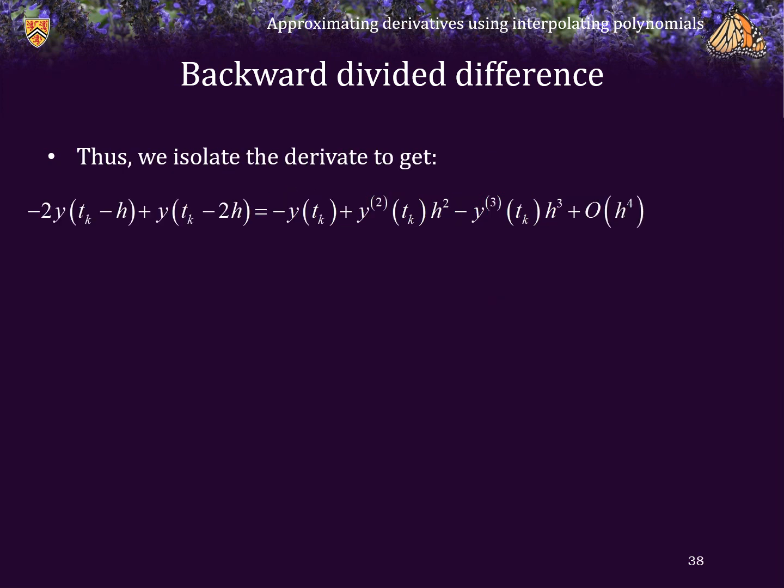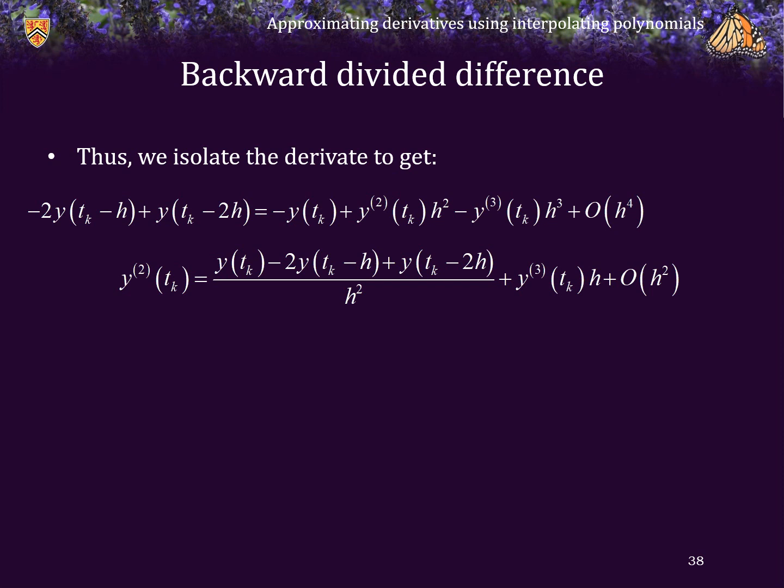All right, so that's the formula we just found. Let's isolate the second derivative, and we get that formula there. But the formula is order h. Notice that the formula is the same formula as before.